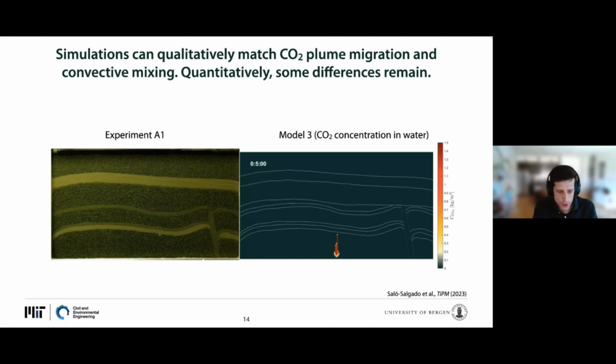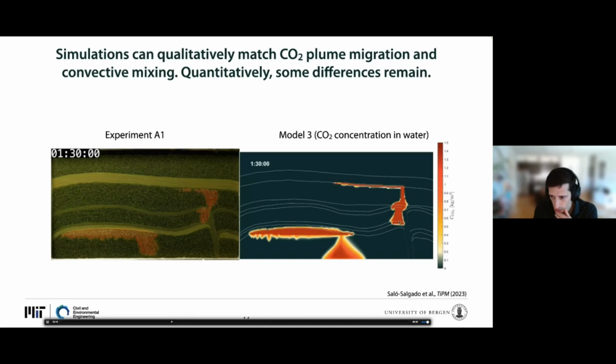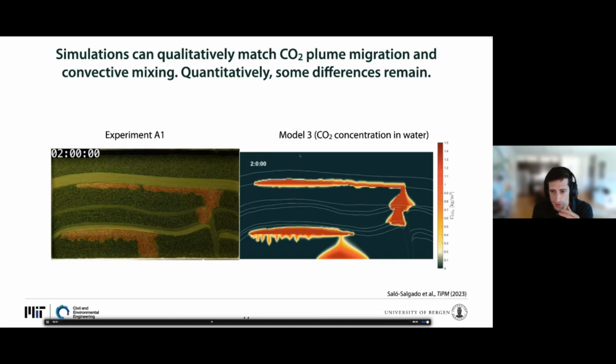All right, so now I'm going to show you an overview comparing in this case the calibration experiment with the simulation results after calibration for one of the models. Basically, you can see the CO2 migration in the lower injection reservoir after injecting in the first injector around here, and then injection in the second injection point, essentially, and then accumulation of the CO2 below the main top seal, which prevents migration to the surface.